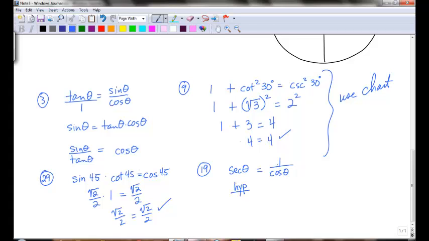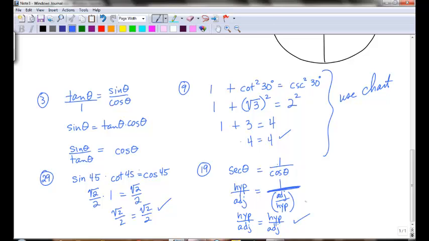Hypotenuse over adjacent, right? Equals 1 divided by, what's the definition of cosine? Yep, adjacent over hypotenuse. So if you take 1 divided by this, you're going to invert that fraction, and you're going to have hypotenuse over adjacent equals hypotenuse over adjacent.